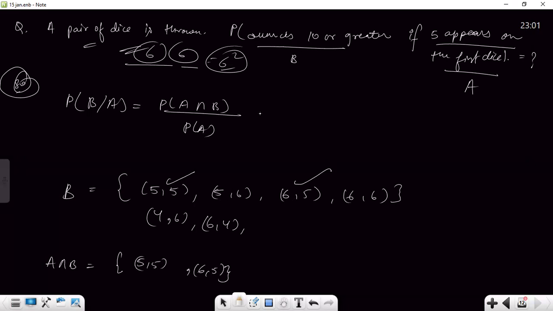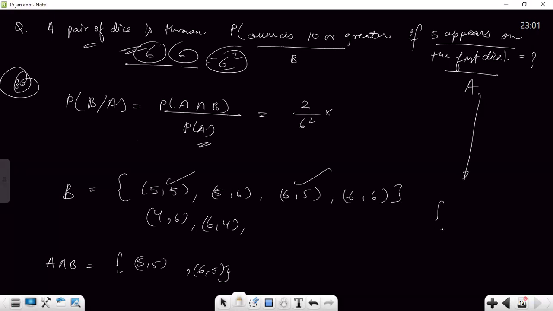Okay. So the probability of A intersection B is 2 by 6 square. Now we also have to discuss the probability of A event.